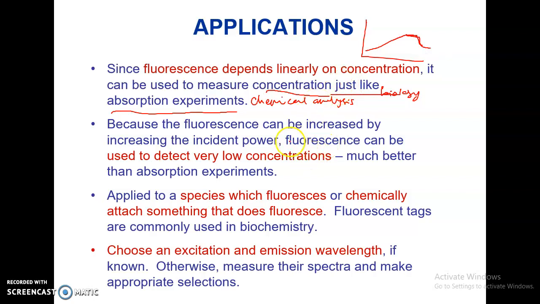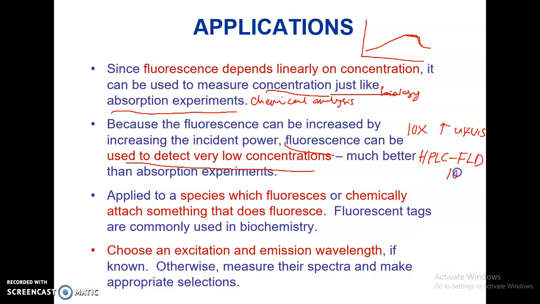Fluorescence can be used to detect very low concentrations because of the intensity of the emitted fluorescence. In application, the sensitivity of a fluorescence spectrophotometer is at least 10 times higher than UV-visible. This is also true when we couple HPLC, which you learned last semester, with a fluorescence detector.